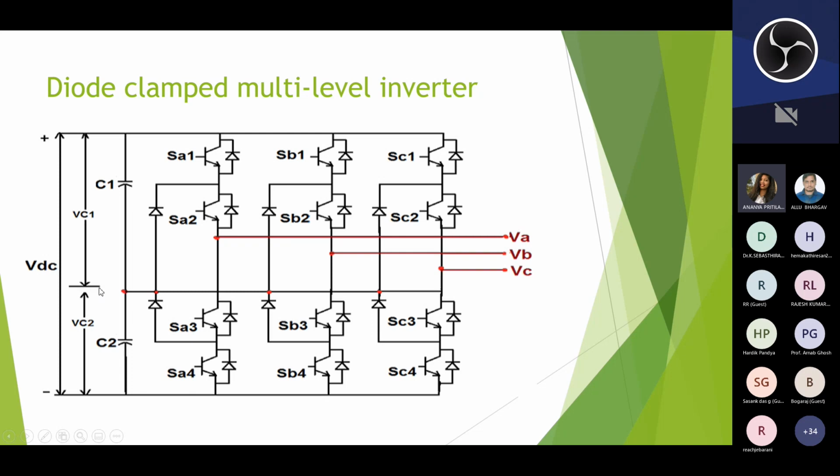But the advantage is that our output waveform is most desirable. And we can also operate at a not so high switching frequency by using these converters. Here all the switches are identical, like SA1, SA2, SA3, SA4.